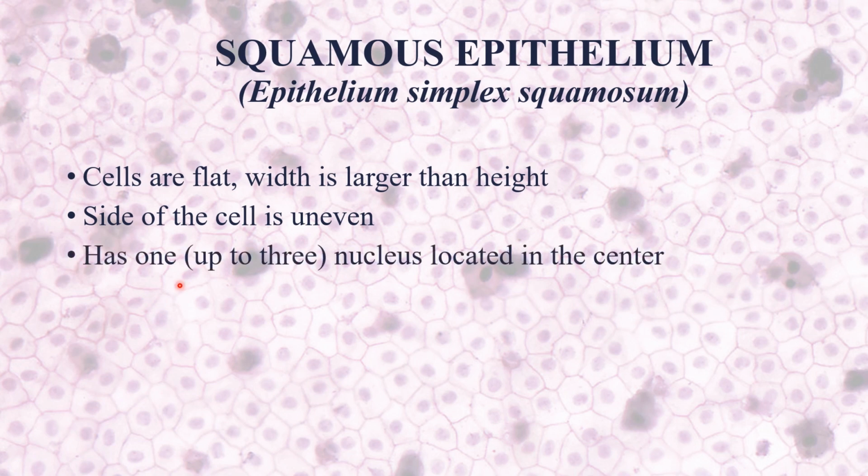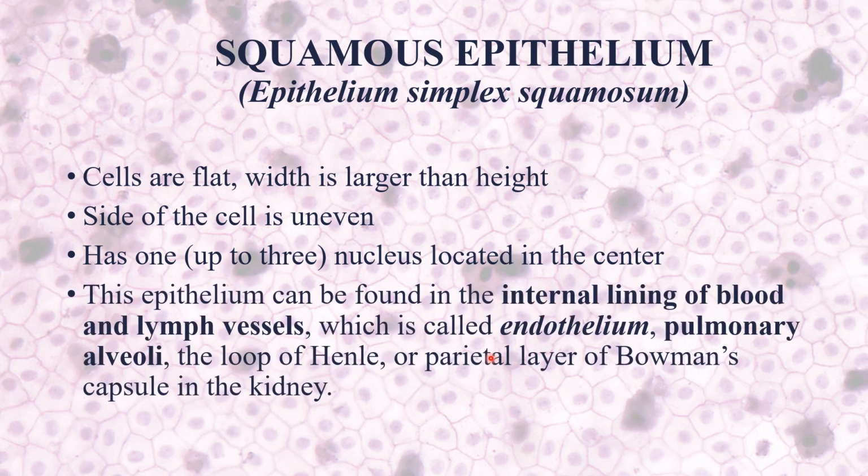And these cells have one up to three nuclei, which are located almost in the center of the cell, as you can see. Here and here, the nucleus is almost in the center. And the nucleus can be round or a little oval in shape. Now, this epithelium can be found in the internal lining of the blood and lymph vessels, as I already mentioned.